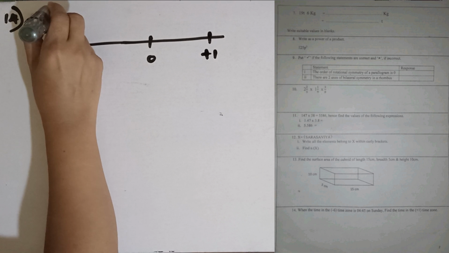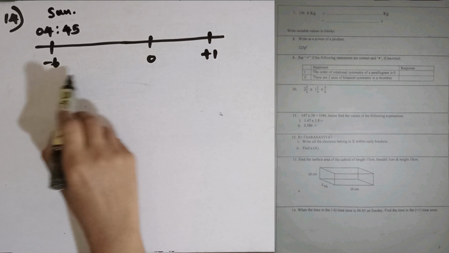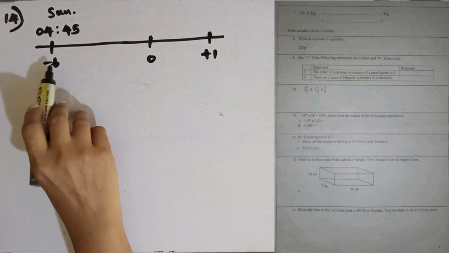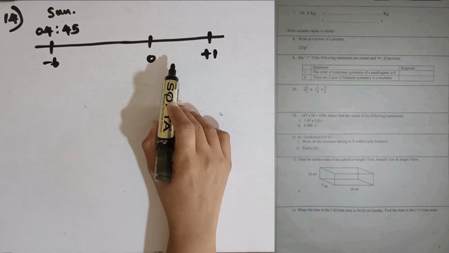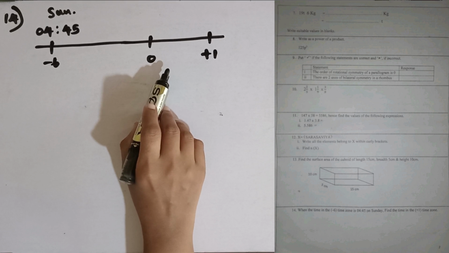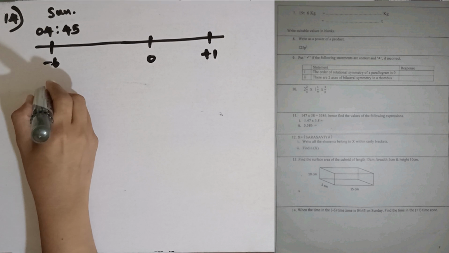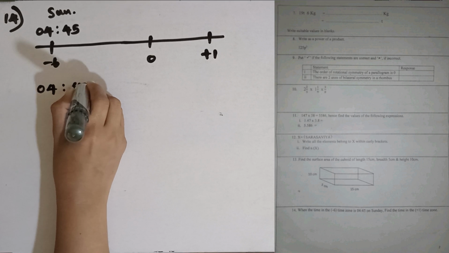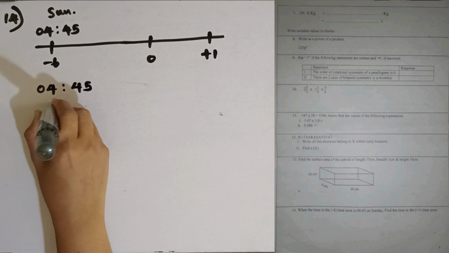So this is Sunday. Then the difference to the 0 time zone is 6 hours. 6 hours should be added to this time. Then here the difference is 1 hour. So the total is 7 hours. We have to add 7 hours to this time, 4 hours 45 minutes.